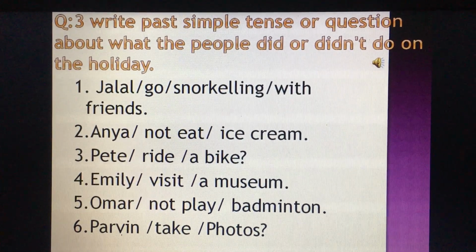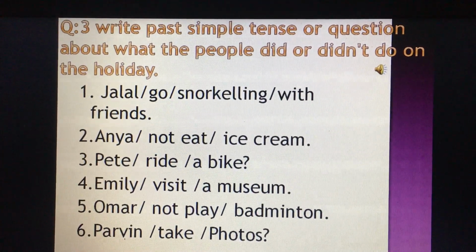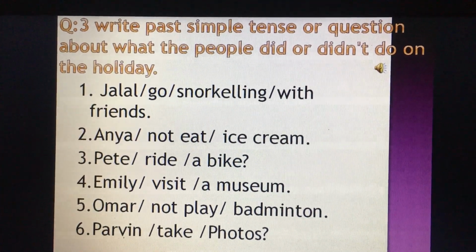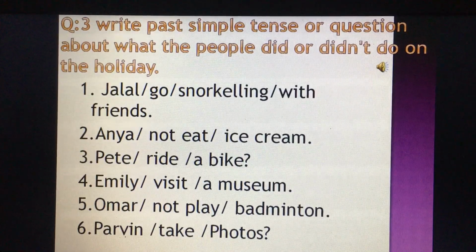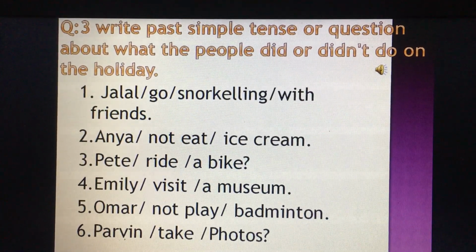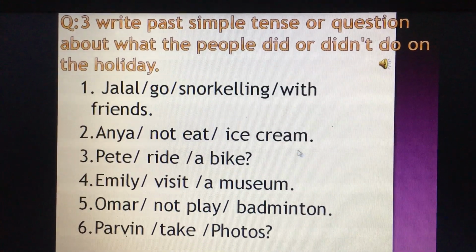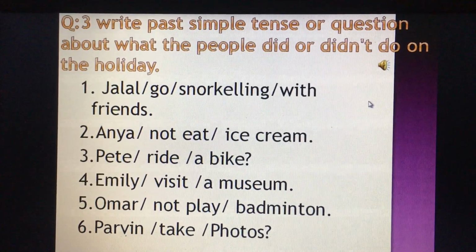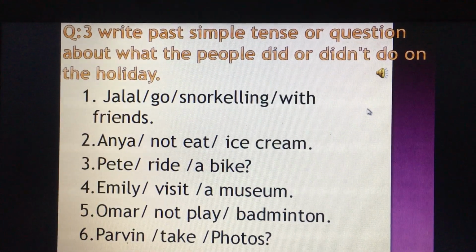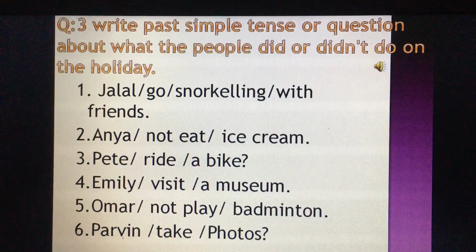So this is a negative sentence. You will change the main verb as well as you will use the helping verb and not. Think about it. Sixth one is Praveen take photos. So here you can see the question mark at the end. So it means that you will make a question sentence from it. So think about how you will make it.